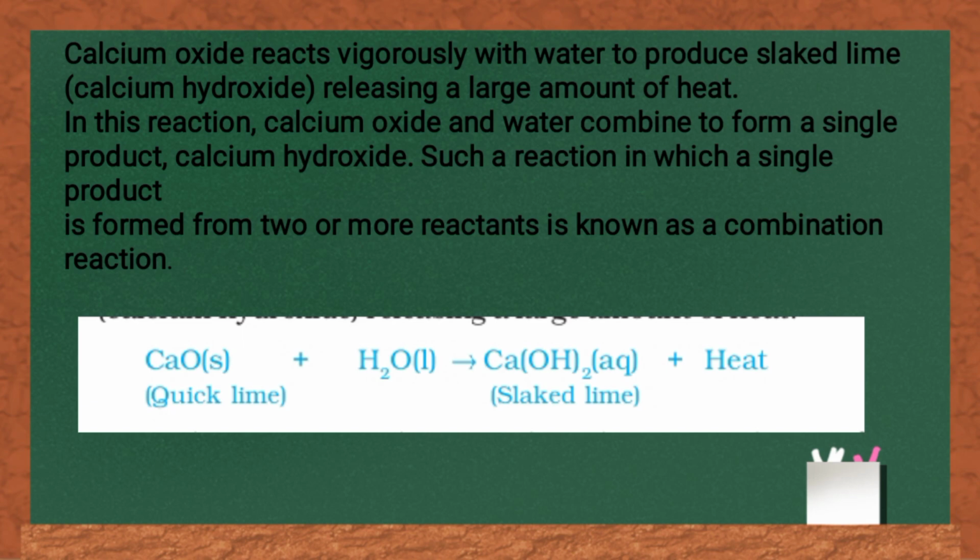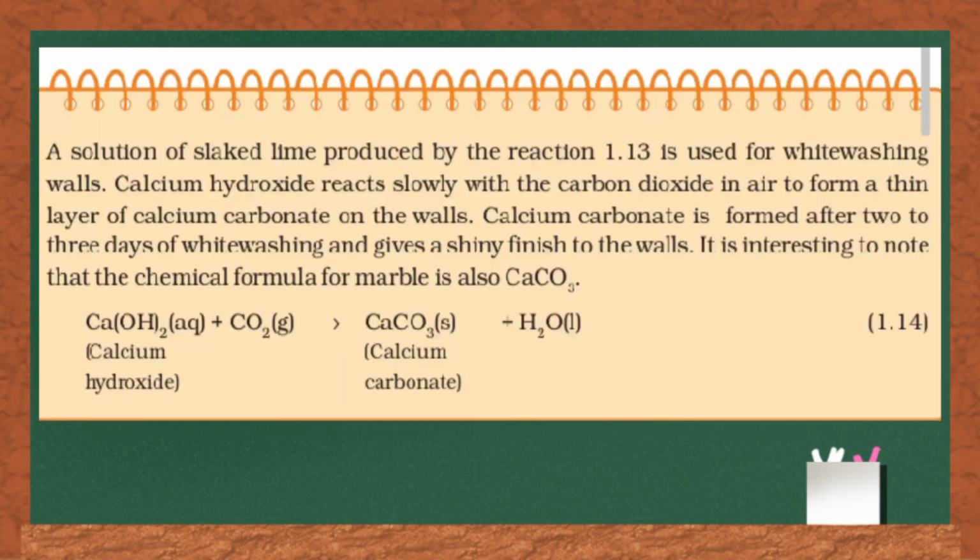So these types of reactions where two or more reactants react to form only one product are called combination reactions. A solution of slaked lime produced by the reaction is used for whitewashing your walls.